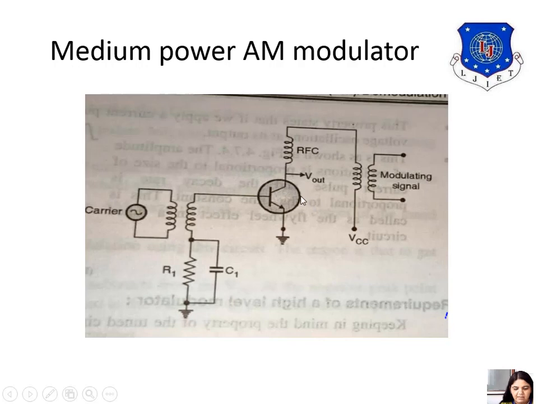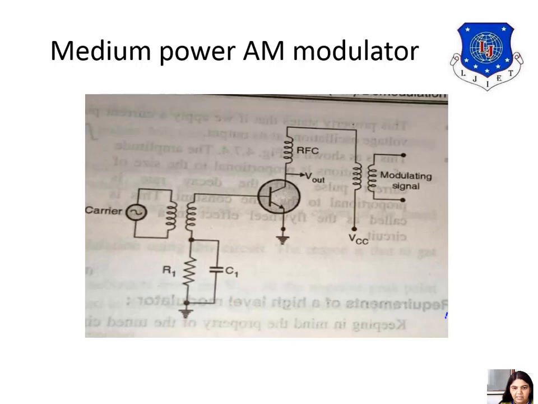It is a high level modulator and operates as a class C amplifier. That is why the efficiency of this kind of amplifier is up to 80%, which is comparatively higher than a class A amplifier.